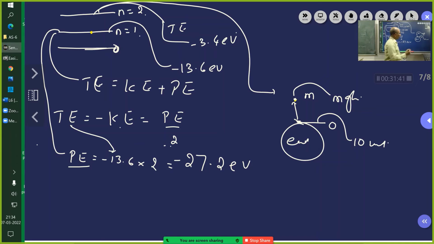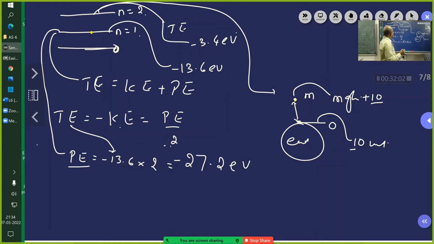It is mgh plus 10. Got it? Understood now? That means you can simply add some numbers to this. See, I have added number 10 to this, so I will add number 10 to this. That is what the potential energy is.